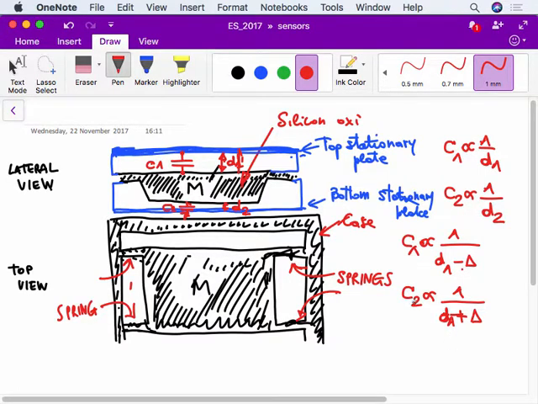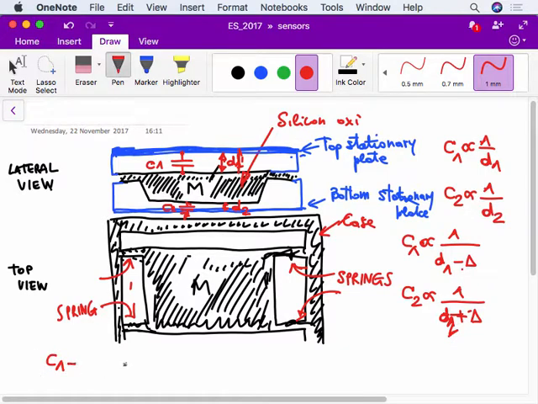this is exactly what we are able to transform into an electrical signal. Let me just stress this fact.